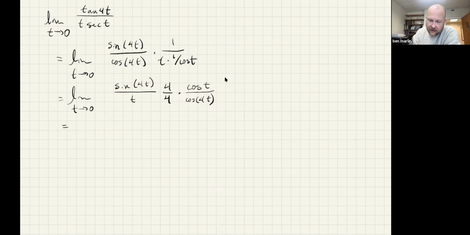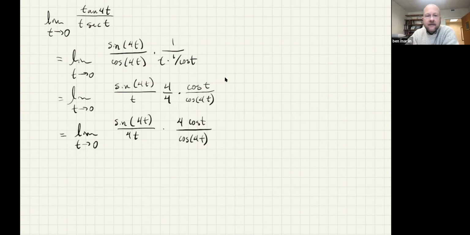If you're detecting an annoyance in my tone, it's because I've taught the same subject about 1 million times, and people want to argue with me and say that they can factor that out. You just can't, okay? So we will have the sine of 4t over 4t. Because those match, we'll be able to do the special limit now. The 4 that was upstairs will just have to hang out.